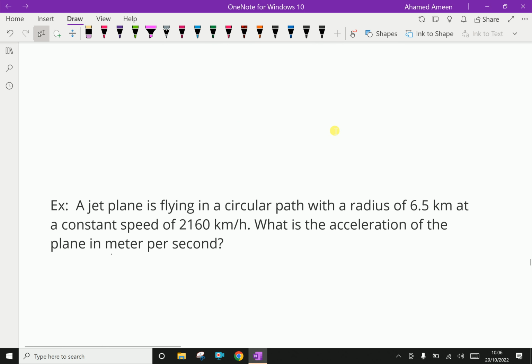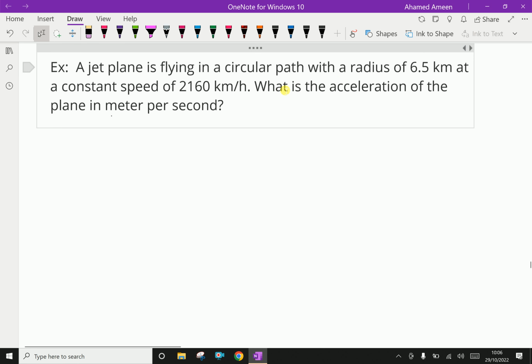Next question. A jet plane is flying a circular path with a radius of 6.5 km at a constant speed of 2160 km per hour.